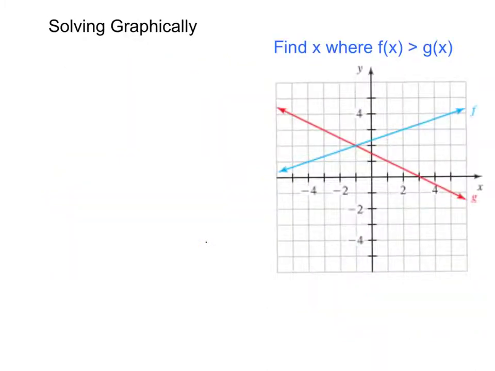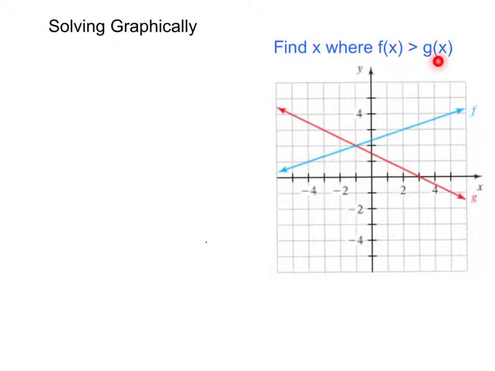Next, I'd like to explain how you can solve an inequality graphically. Now notice here, we're asked to find x where f of x is greater than g of x. So you want to think of f of x being the y value for that function and g of x being the y value for that function. So f of x is greater than g of x if that y value is greater than that y value, meaning that this would be higher vertically than this one.